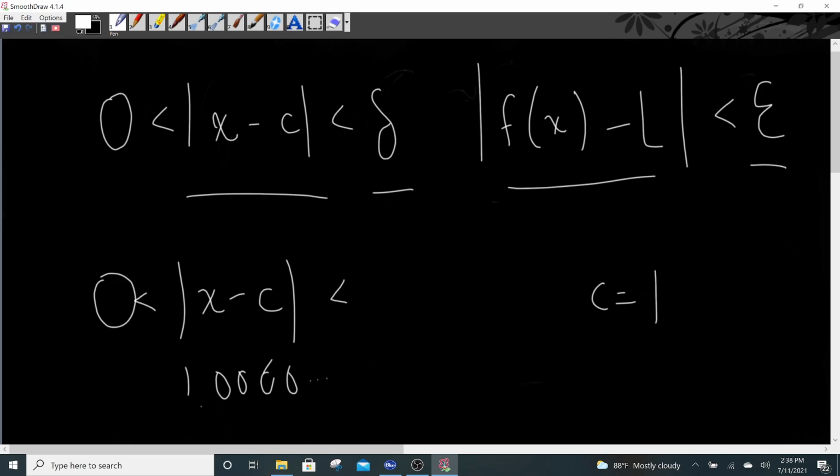There we go, that's an ellipsis. And eventually we'll get to 1 is less than some arbitrary delta. And that's what we're trying to say.